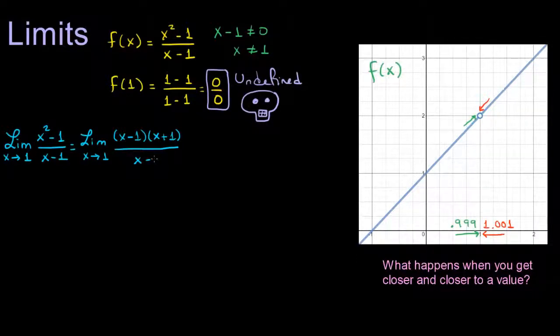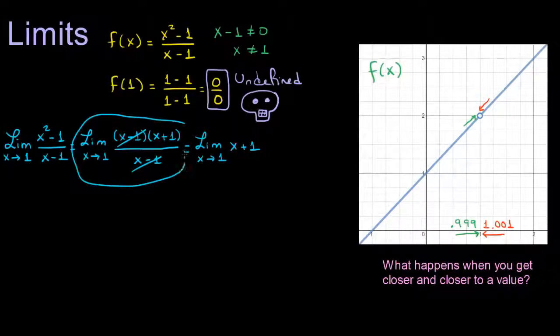Here you can cancel out this x minus 1 with the one below, and then you get the limit when x approaches 1 of x plus 1.